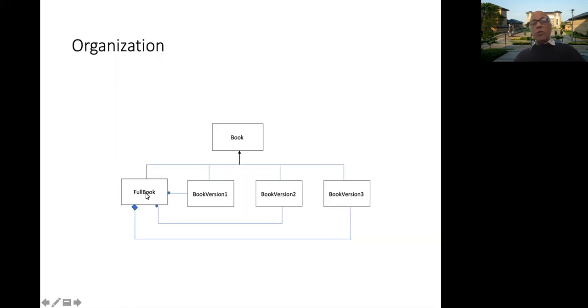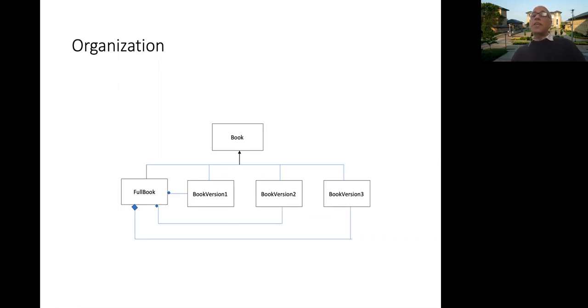And the full book maintains a reference to each object of these different subclasses of books. We will not use this design in the implementation. This requires an elaborate construction, and this is called the protection proxy.